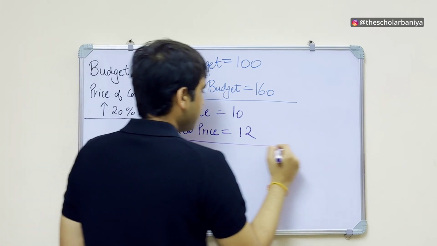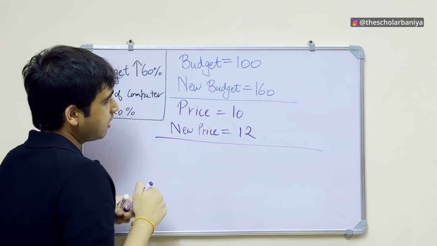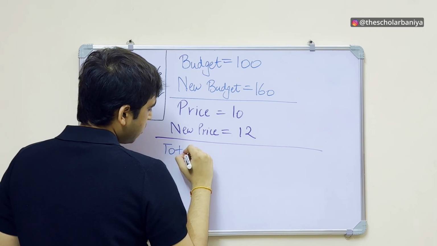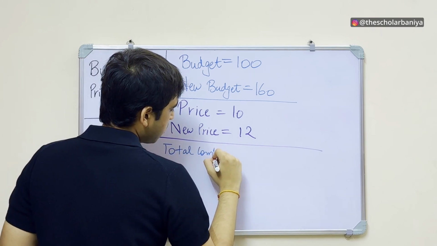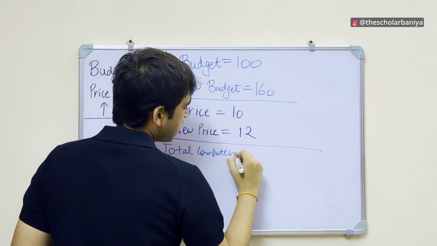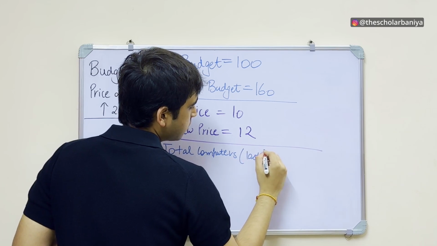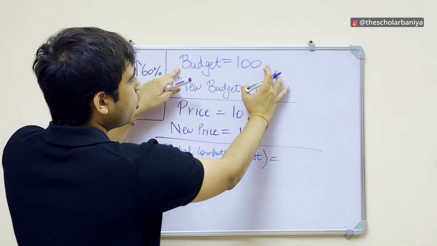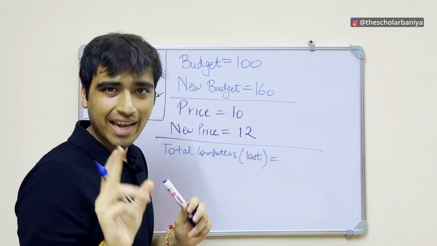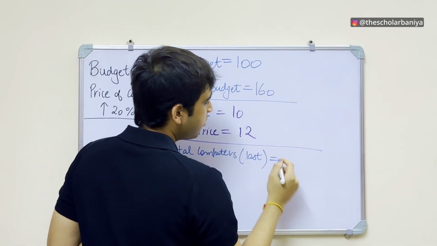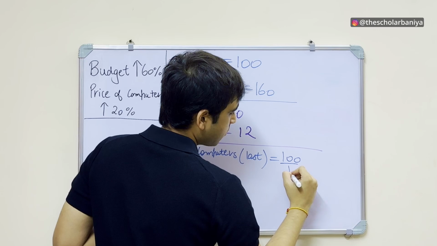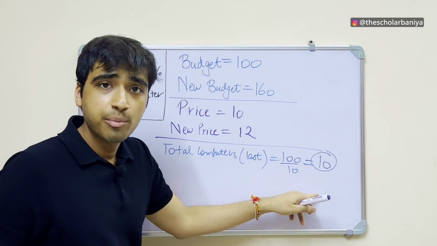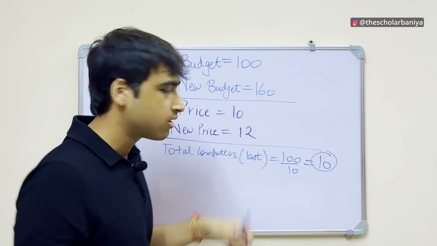Now tell me one thing. Total computers last year will be how much? The total budget divided by the price of one computer. So that will be 100 by 10, which is equal to 10. So this is the total computers that could be bought last year.